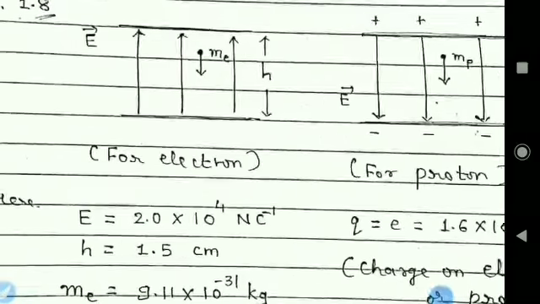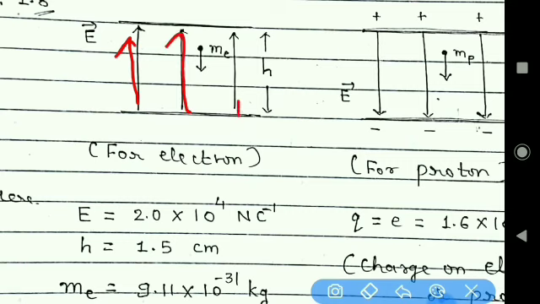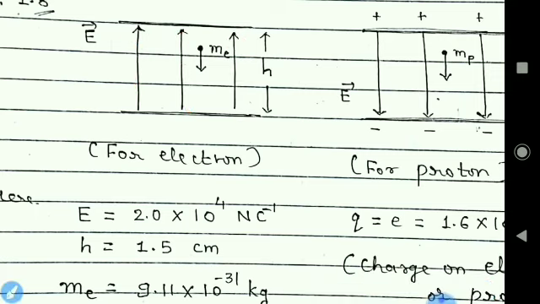Now in this example, given that the electric field is in the upward direction, and you can see the electric field lines are parallel to each other, means the electric field applied is uniform, and a charged particle, that is electron, is placed inside the electric field, and so the force acting on this charged particle due to electric field will be in the opposite direction.